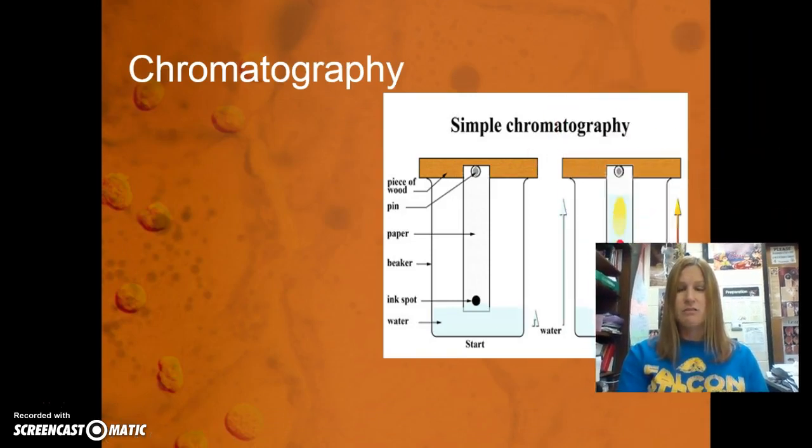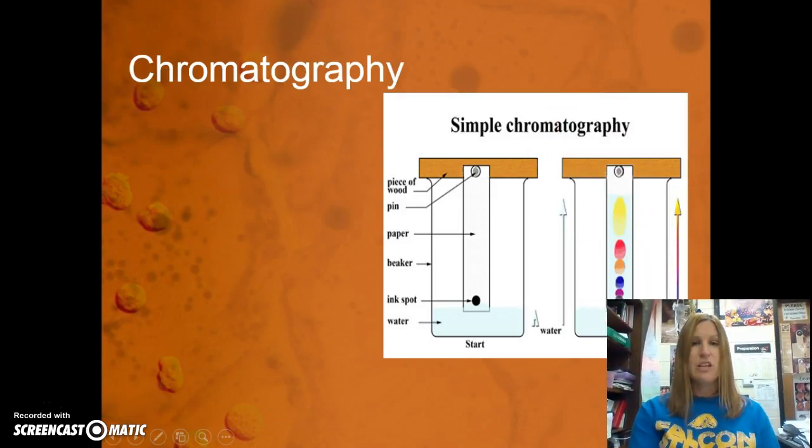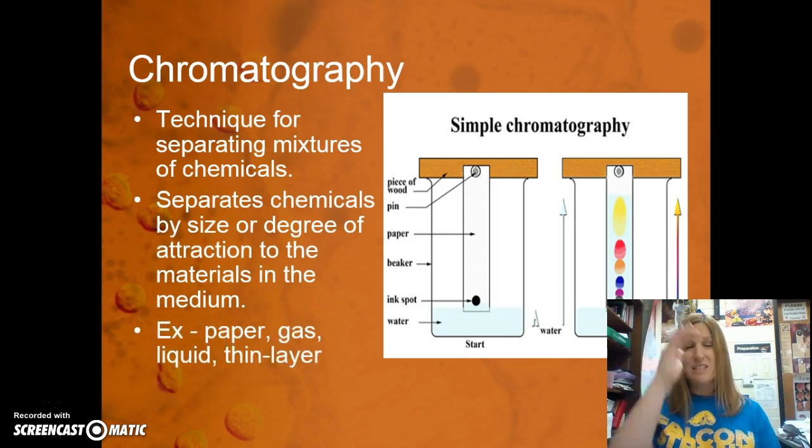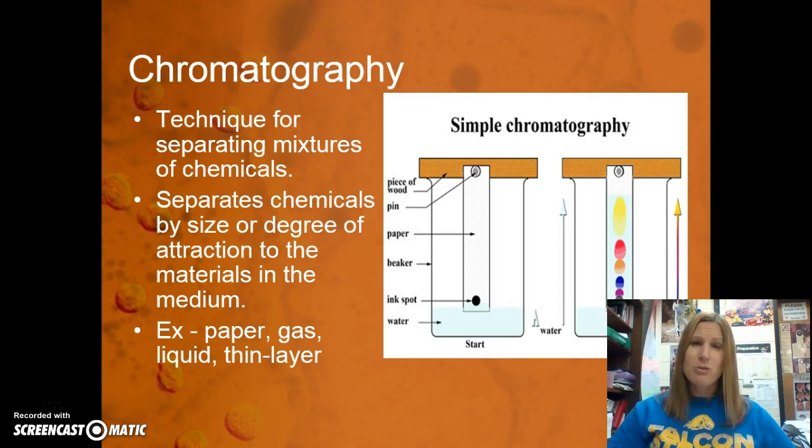Chromatography is a technique for separating mixtures of chemicals. It separates chemicals by size or degree of attraction to the materials in the medium. There are different forms of chromatography. Paper chromatography, which you might have done before, is where you made a little strip and put a marker point on it.